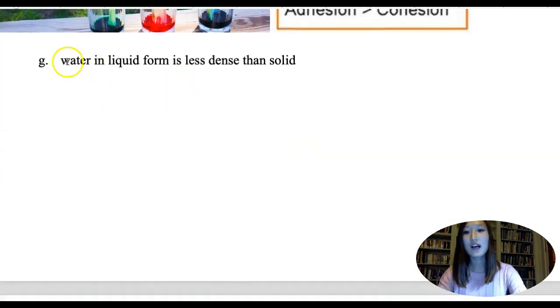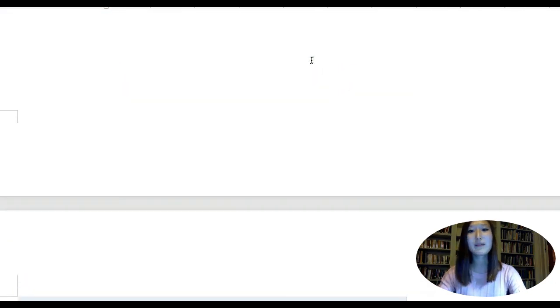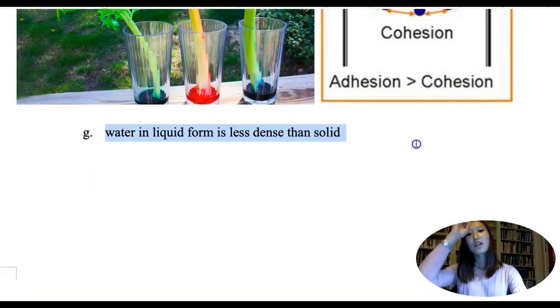And then we have water in liquid form being less dense than water in solid form. Just think about this for a second. When you go swimming in the ocean, for example, generally where your feet are, paddling underneath the water, you can feel your feet being kind of cold, right?